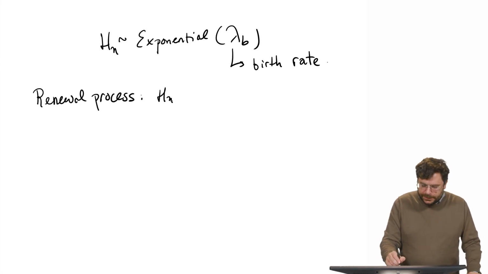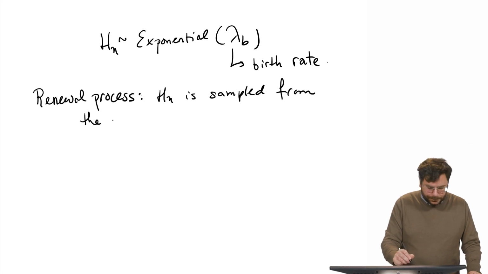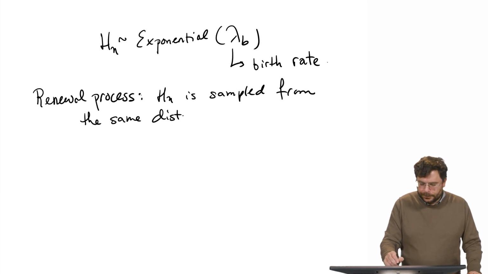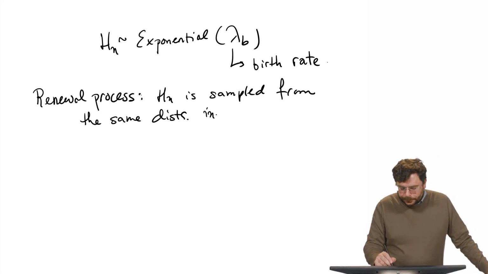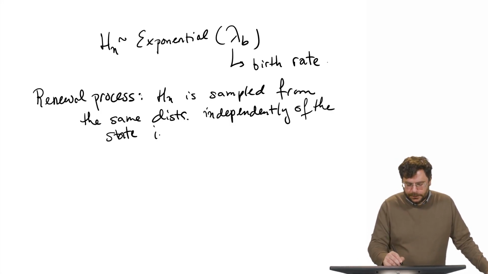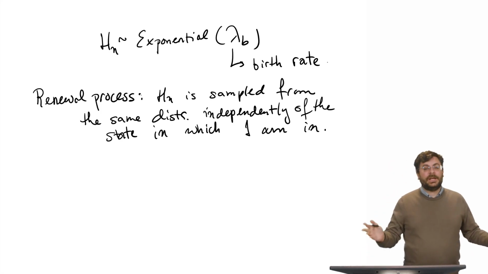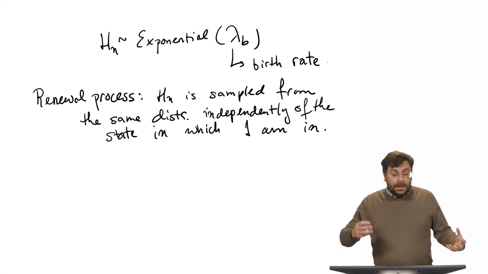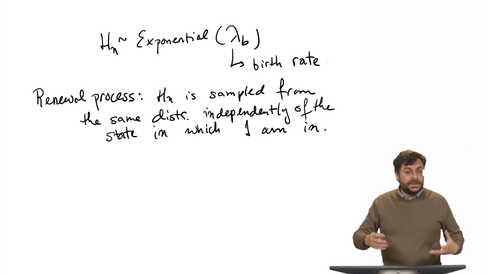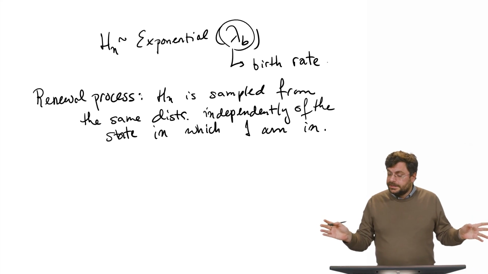This is when Hn is sampled from the same distribution independently of the state in which I'm in, right? So your probability of some particular holding time is dictated by an exponential with a rate that doesn't care about the size of your population.